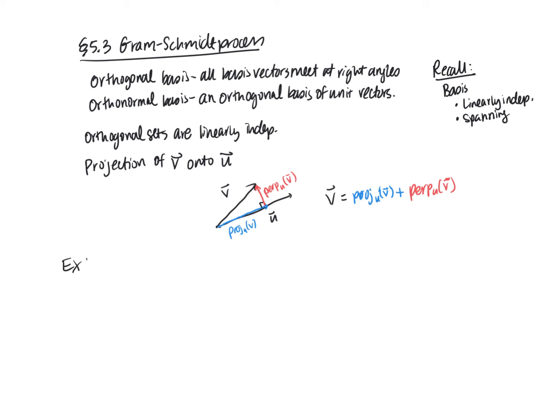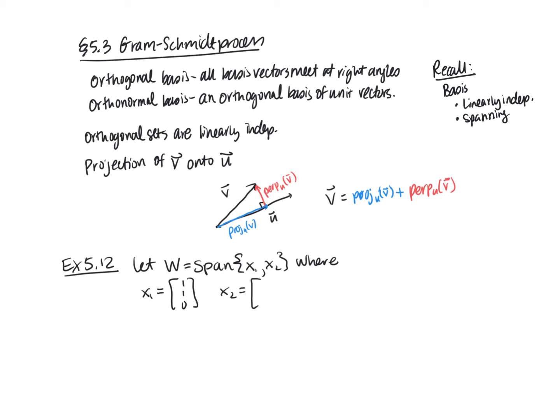So example 5.1.2. It says let the subspace W be the span of the vectors x1 and x2, where x1 is equal to (1, 1, 0), and x2 is equal to (-2, 0, 1).